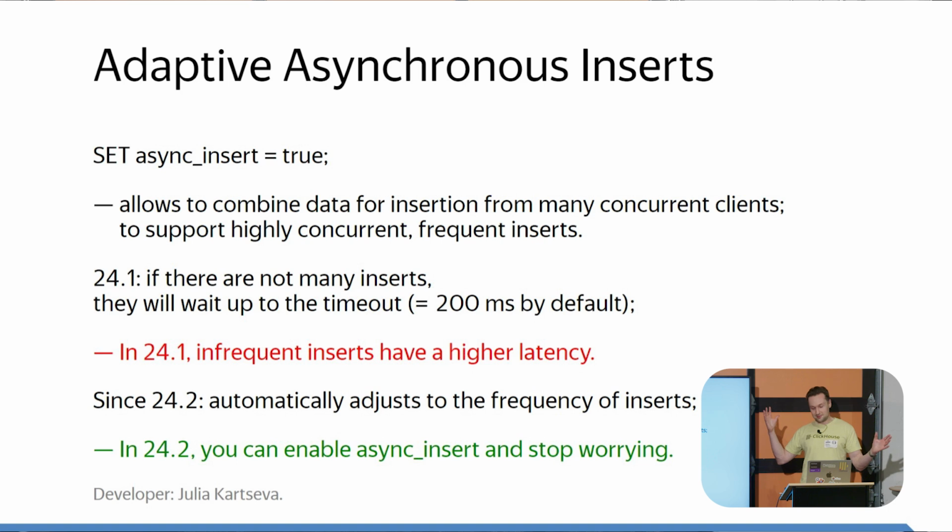When you do it from many concurrent clients all the time, a lot of inserts, it will increase this delay just to collect these inserts together. So the main point is you can enable asynchronous inserts by default and not worry about the latency. If you insert in batches, it will work as well as before.